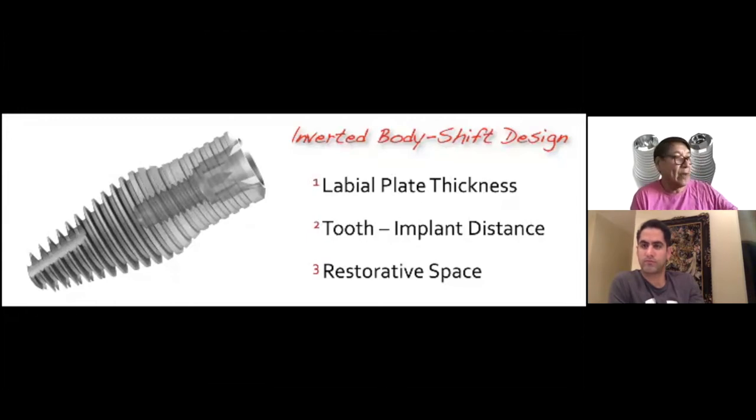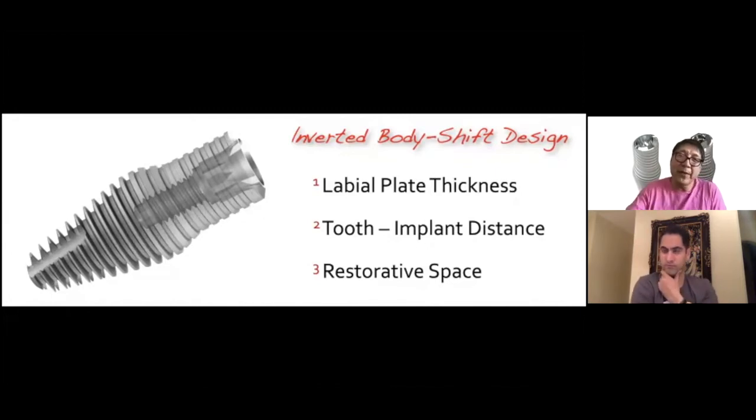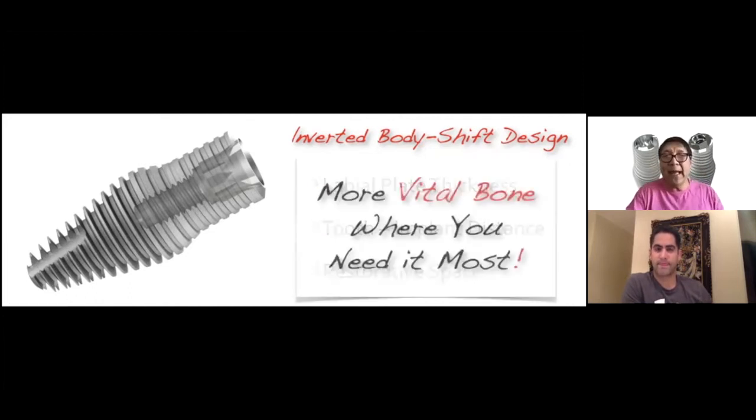I just couldn't fit all my prosthetic parts and pieces, and that became really difficult from a prosthetic standpoint. So reducing the coronal diameter as well as platform switching really allowed me to have the restorative space that I needed. And again, having more vital bone where you need it most. I think that's really the key element.